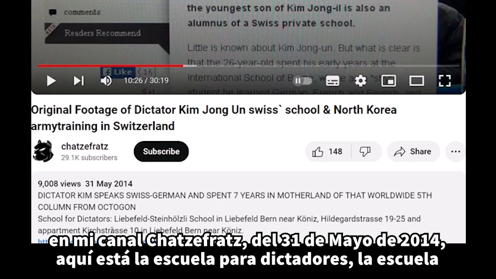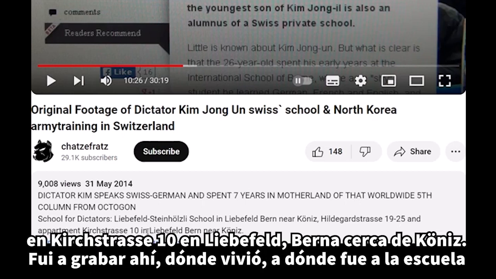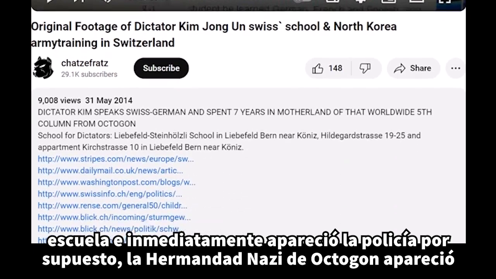And here's the school for dictators, Liebefeld Steinhölzli School in Liebefeld, Bern, or Köniz, Hildegardstrasse 19 to 25, and the apartment Kirchstrasse 10 in Liebefeld, Bern, near Köniz. I went filming there, where he lived, where he went to school. Immediately the police popped up, of course.